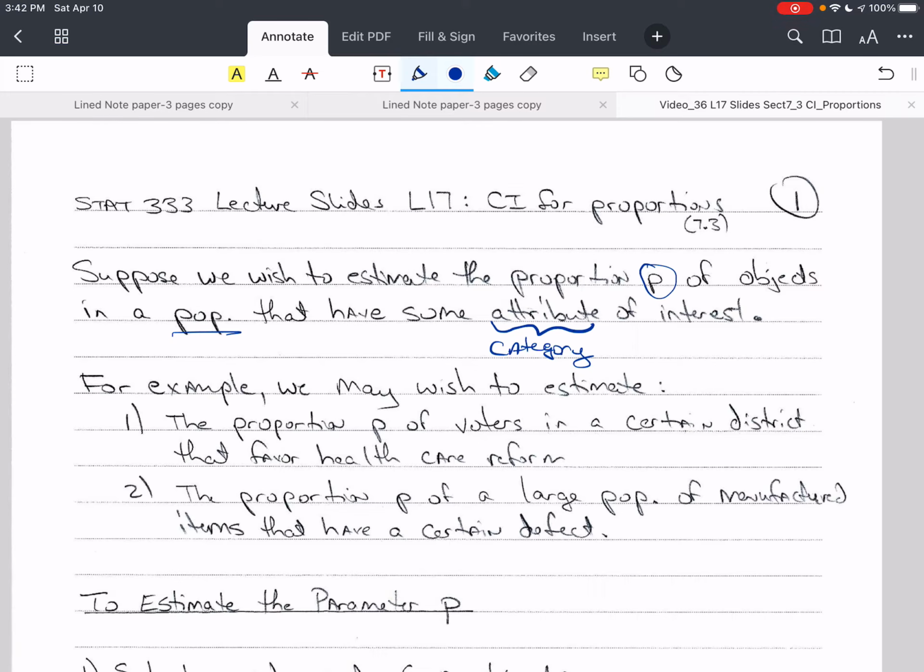Now, before we continue, if you remember from the binomial distribution, the binomial distribution requires us to have two categories. But if something has more than two categories, we can always reduce it to some characteristic of interest versus everything else. For instance, we may have a category called mobility problems.